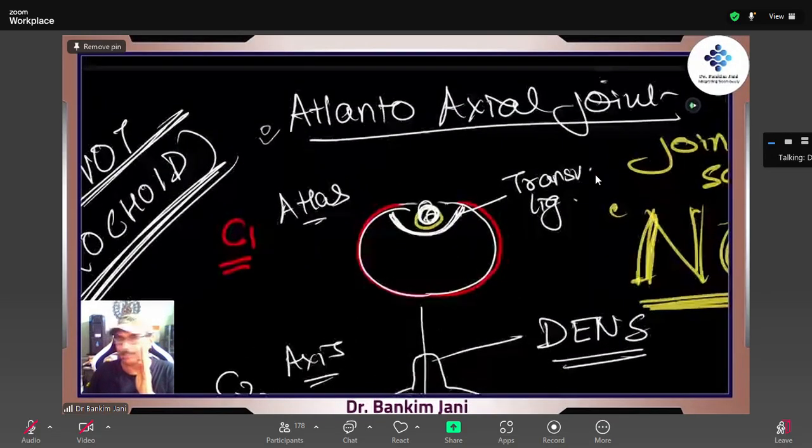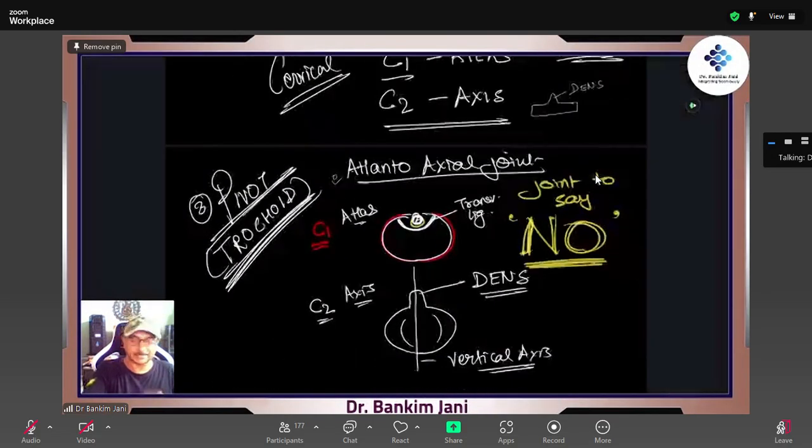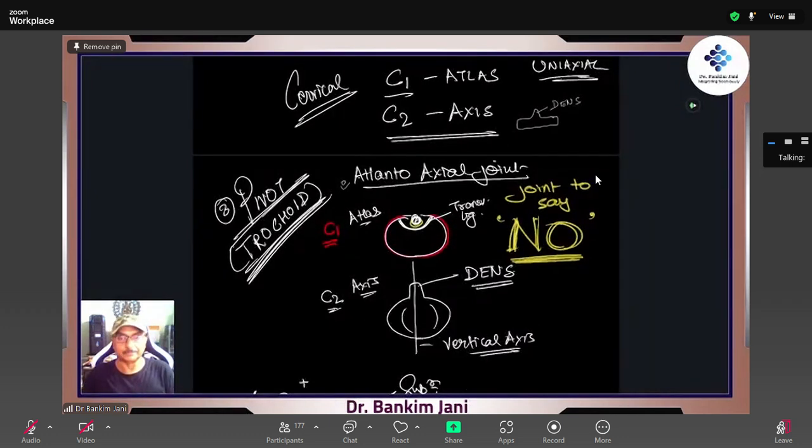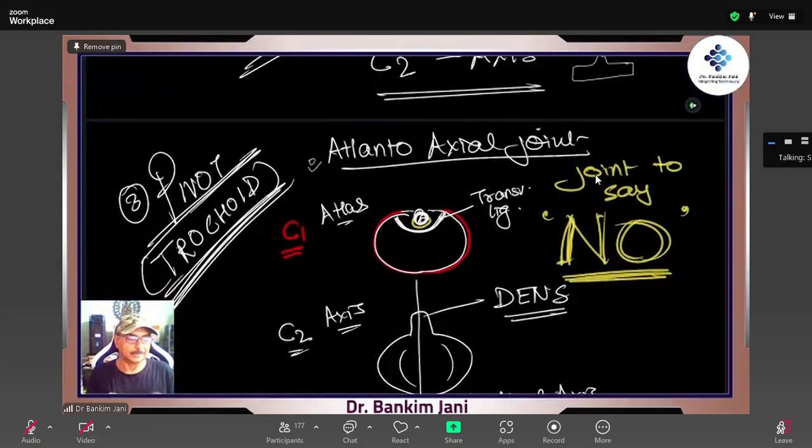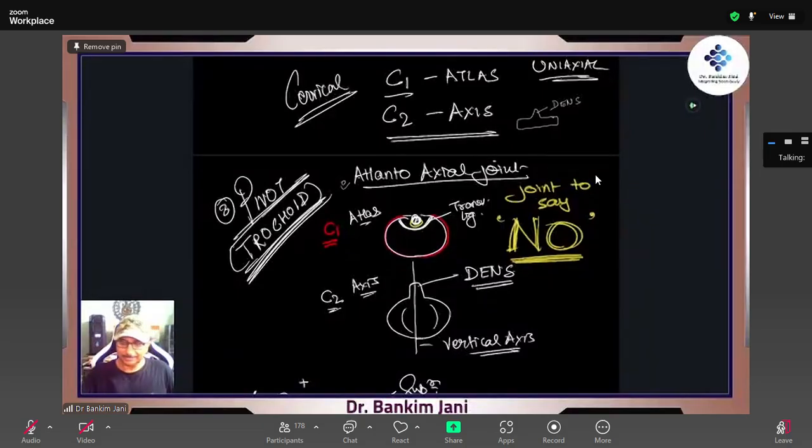When you're saying no, what would be the axis? On C2. It will be the vertical axis, right? Yes, vertical. So things will move like this, right? So vertical axis.